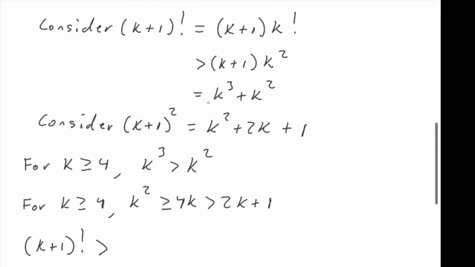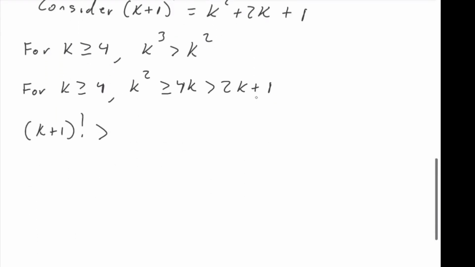We sort of derived it here. k plus 1 factorial is bigger than k cubed plus k squared. And we know k cubed is bigger than k squared. So we know this is bigger than k squared plus, and we know k squared is going to be bigger than 2k plus 1, right?